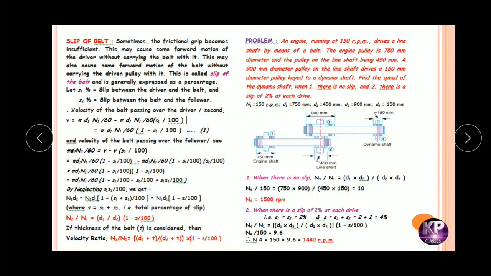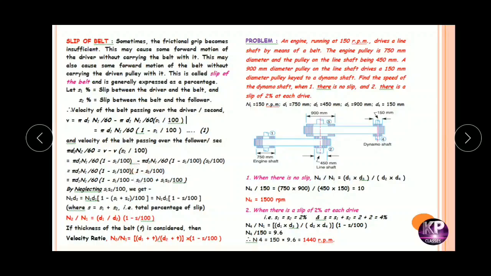Velocity of the belt passing over the follower. Now the belt comes to the follower. In that case, the velocity of the belt is this much; V is the velocity of the belt. Due to slip, the speed again reduces at the follower. So in this way, pi d2 n2 by 60, which is the speed of the follower, equals V, the velocity of the belt, minus V into slip.